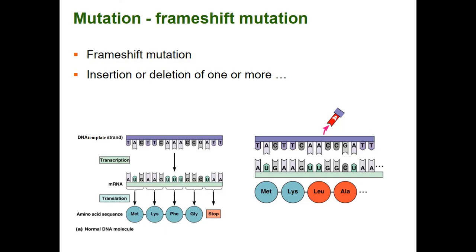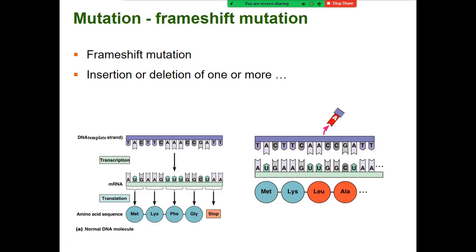Now there is an exception, and that is if you remove 3 nucleotides or a multiple of 3, or you add 3 nucleotides or a multiple of 3. If you were to remove 3, okay, you don't have anymore the amino acid phenylalanine, so it's removed from the protein.